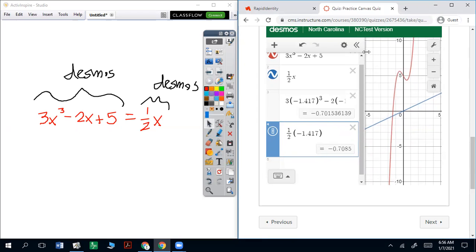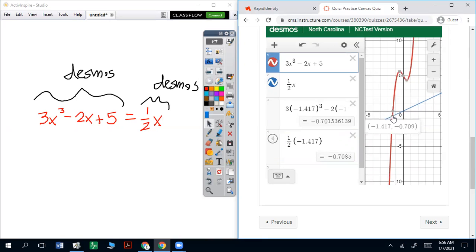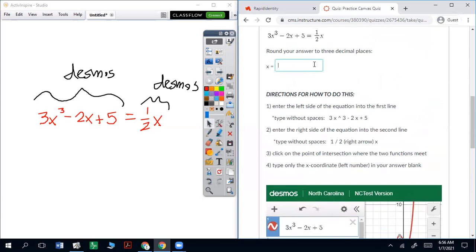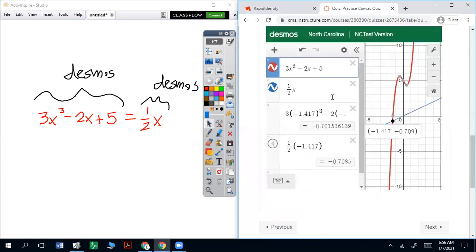So we know that's right by plugging it in. So that x value is going to be your answer to this equation, negative 1.417. So we didn't really have to do any work by hand on that one.